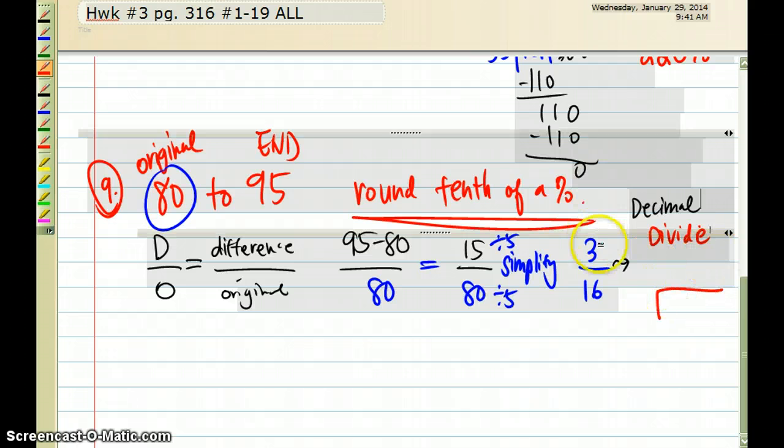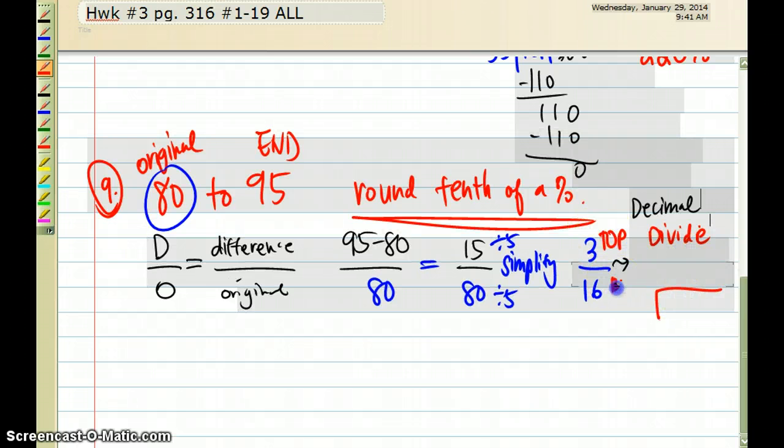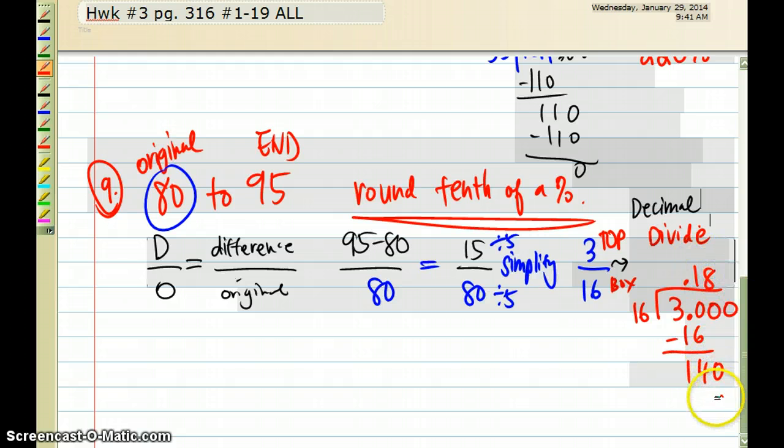The number on the top. So I'm going to do 3 in the box, 16 outside. As I divide, I'm going to get 0.1. And I add a 0. I'm going to get an 8.